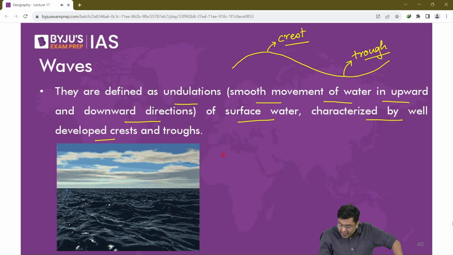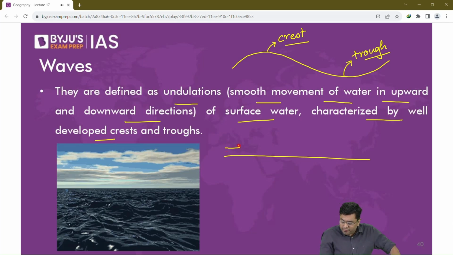Okay, so that is the crest and trough. So why does that happen? Imagine you have a plane surface of water.